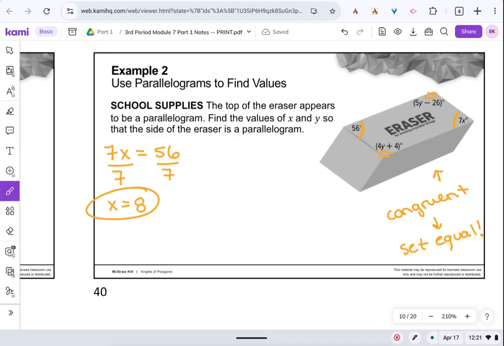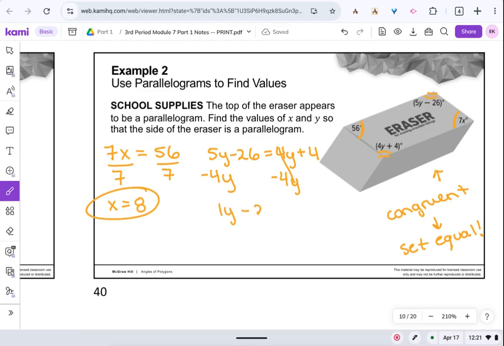The other one's going to take a little more work. If I have 5y minus 26, those are congruent to 4y plus 4. So we'll set them equal and then solve for y. I'll go ahead and subtract the 4y from both sides.